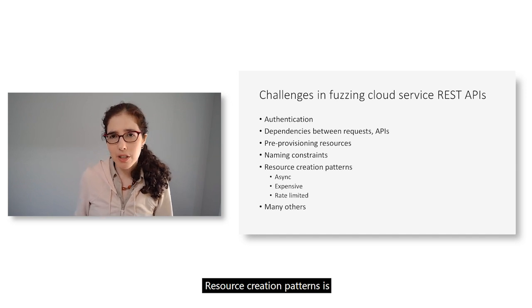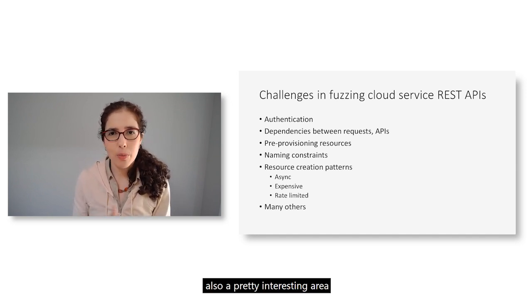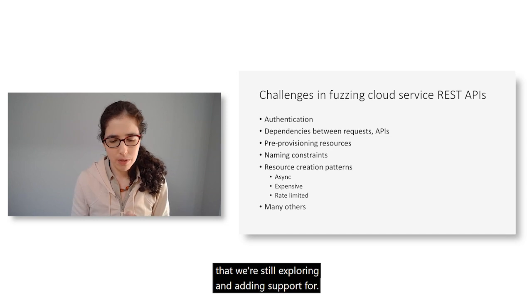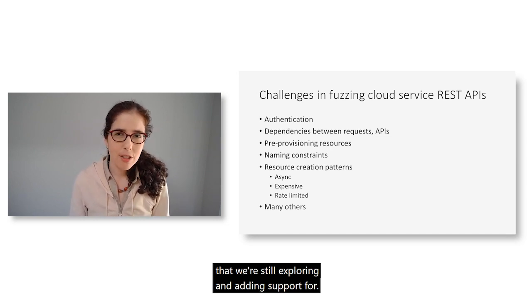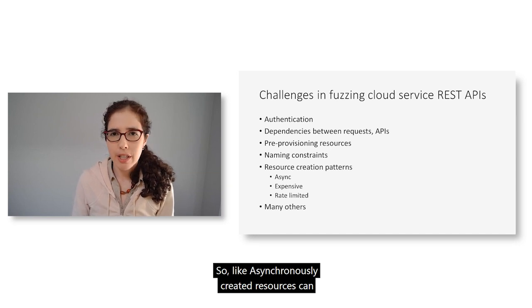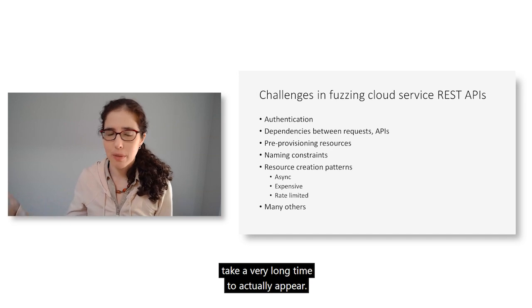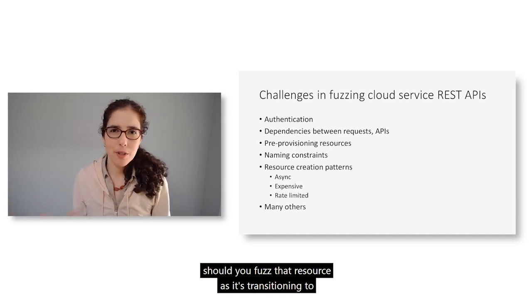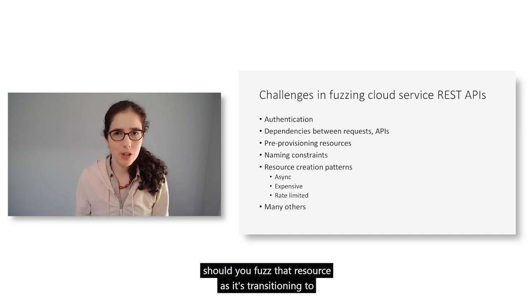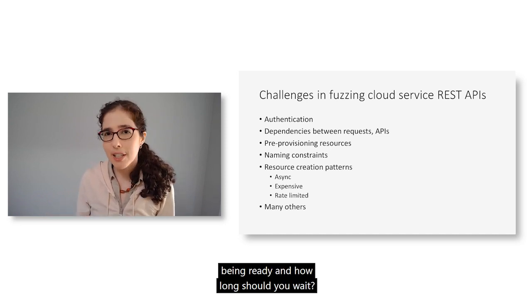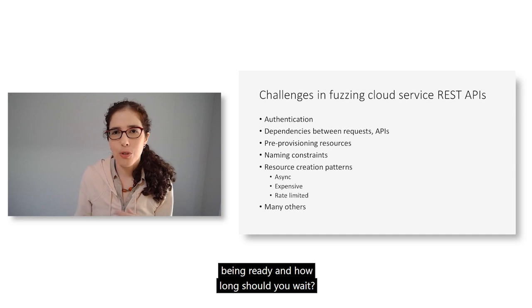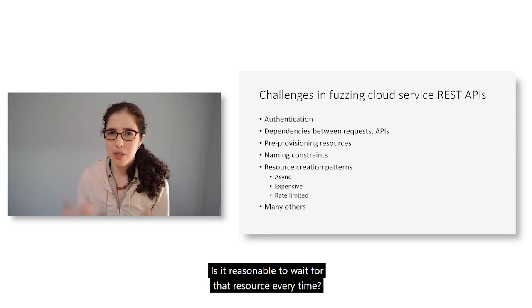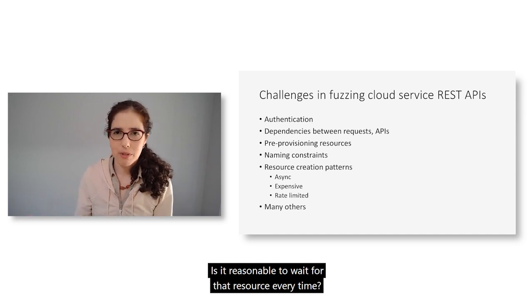Resource creation patterns is also a pretty interesting area that we're still exploring and adding support for. Asynchronously created resources can take a very long time to actually appear. So the question is, should you fuzz that resource as it's transitioning to being ready? And how long should you wait? And is it reasonable to wait for that resource every time?